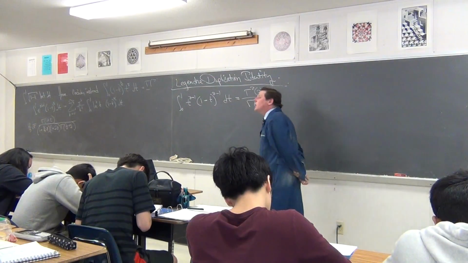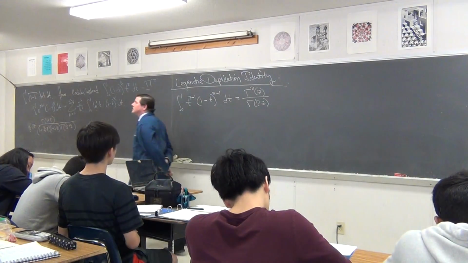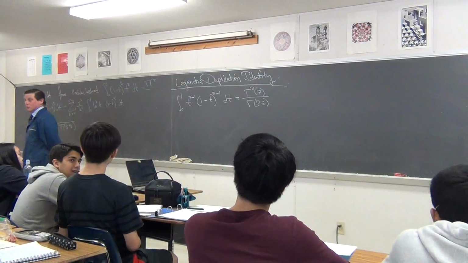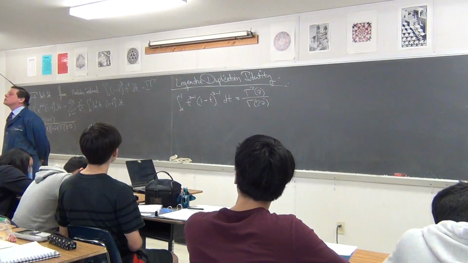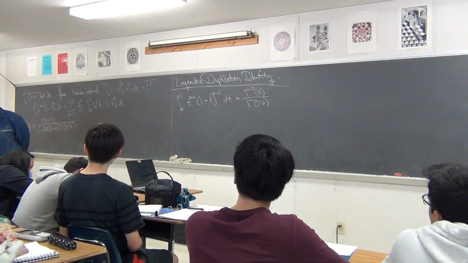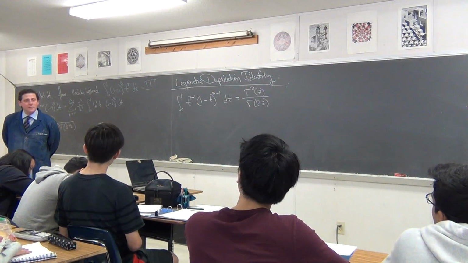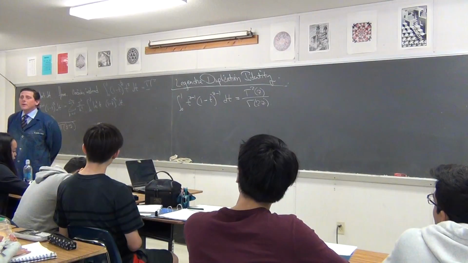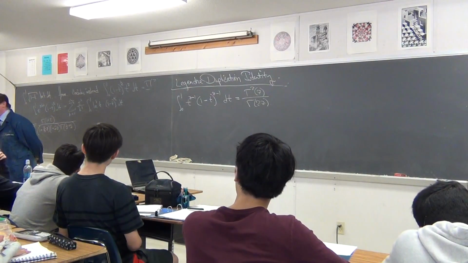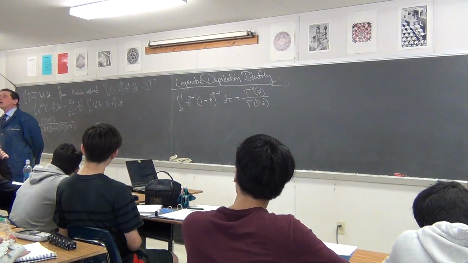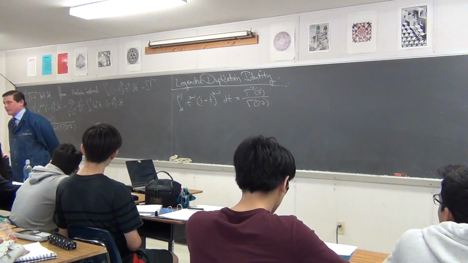Now what Legendre was interested in, this was the 1800s because that's when Legendre was alive, was studying the behavior of 2 times k factorial, given the behavior of k factorial. So if I knew what 100 factorial behaved like, he wanted to study the behavior of 200 factorial.